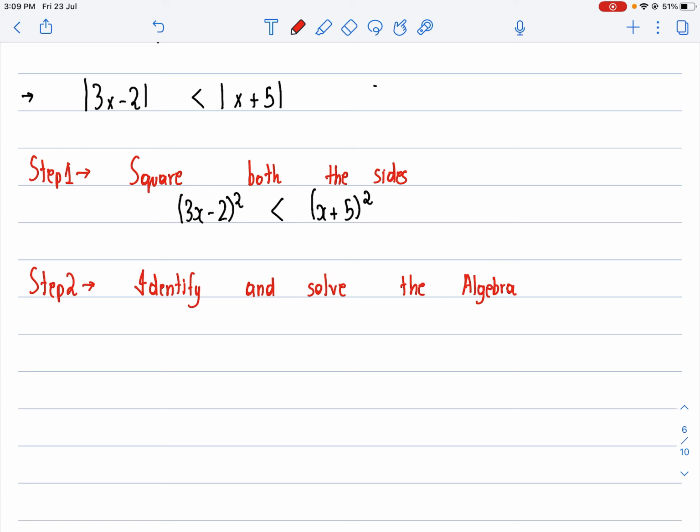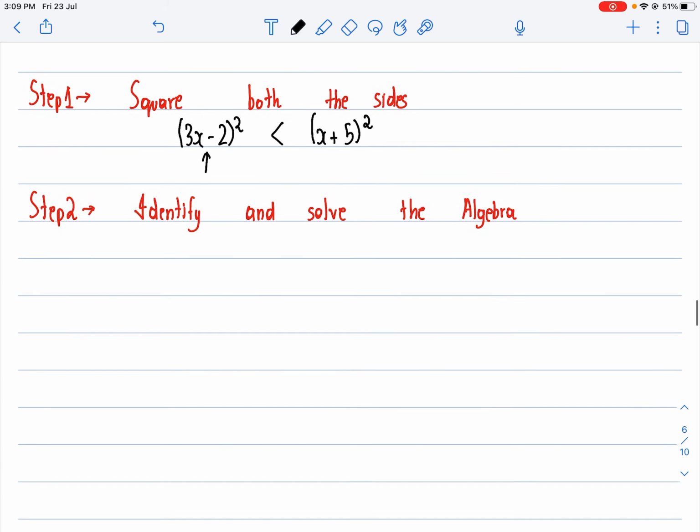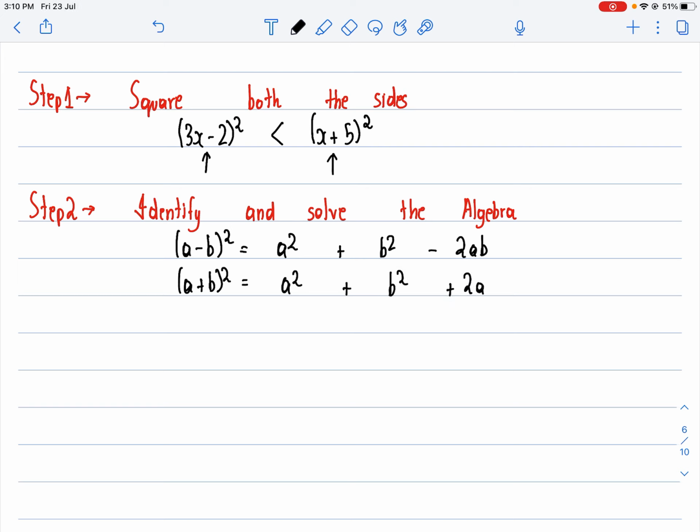Now basically, as you can see, this is in the a minus b the whole square form, and you know that a minus b the whole square is a square plus b square minus 2ab. And this is a plus b the whole square, and the formula for a plus b the whole square is a square plus b square plus 2ab.